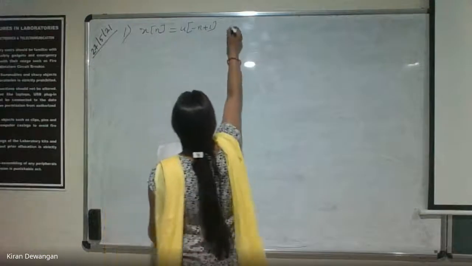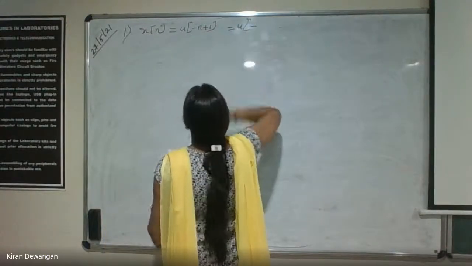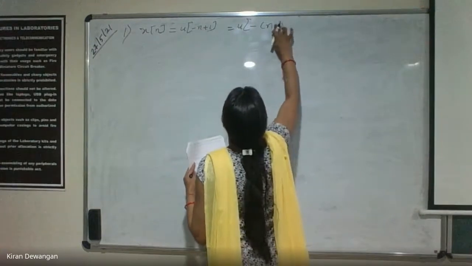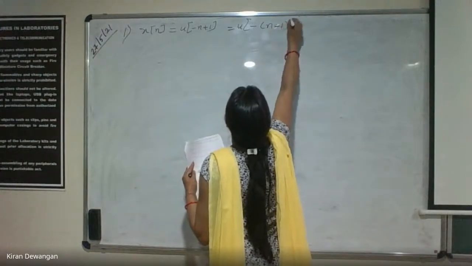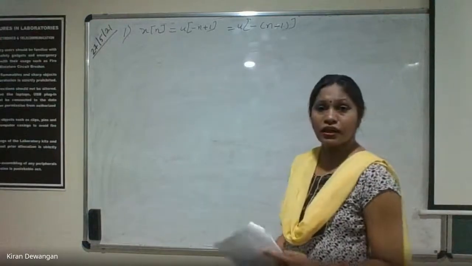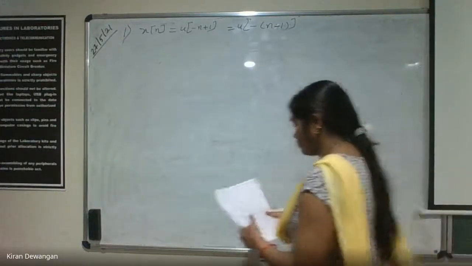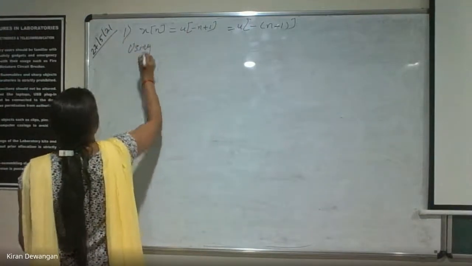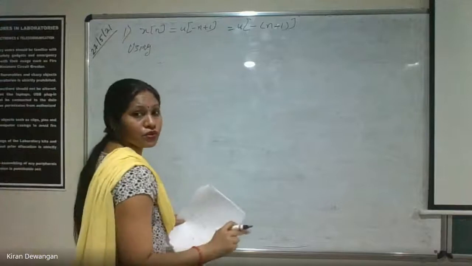Now this can be written as u of minus is taken out, this becomes n plus n minus 1. ठीक है, this becomes u of minus is taken out, n of minus 1. Now using, see we have to mention always कि कौन सी properties हम use कर रहे हैं.